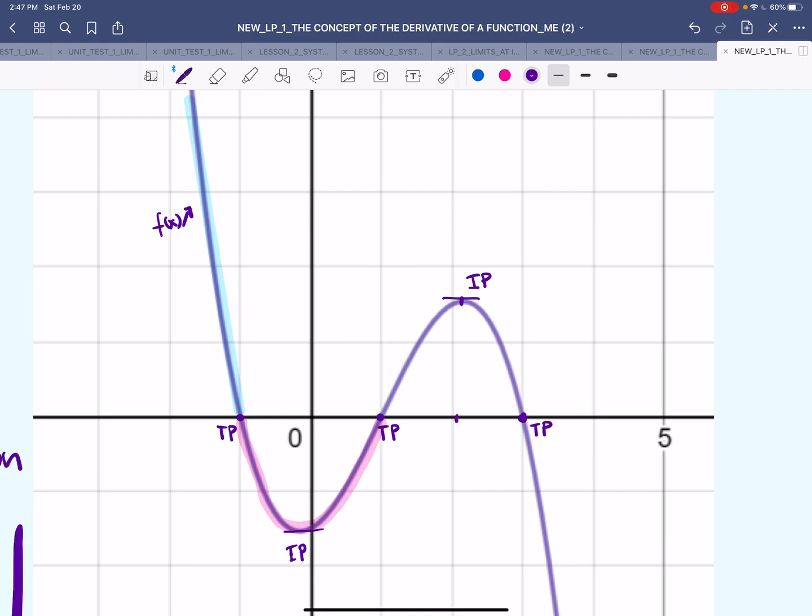So we're going to say that here f of x is decreasing. And next, we have from here to here, the derivative is positive. That means that f of x is increasing. I'm going to write it inside.